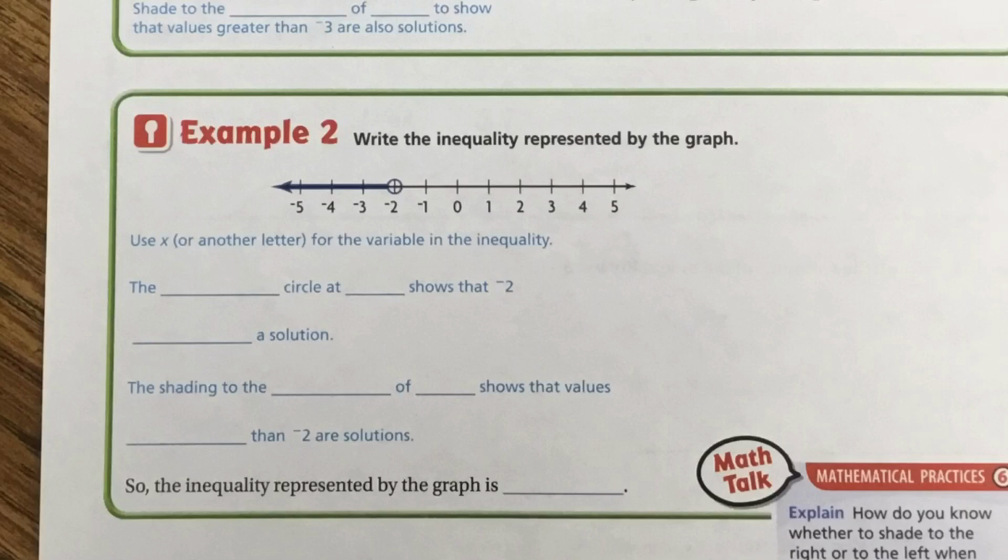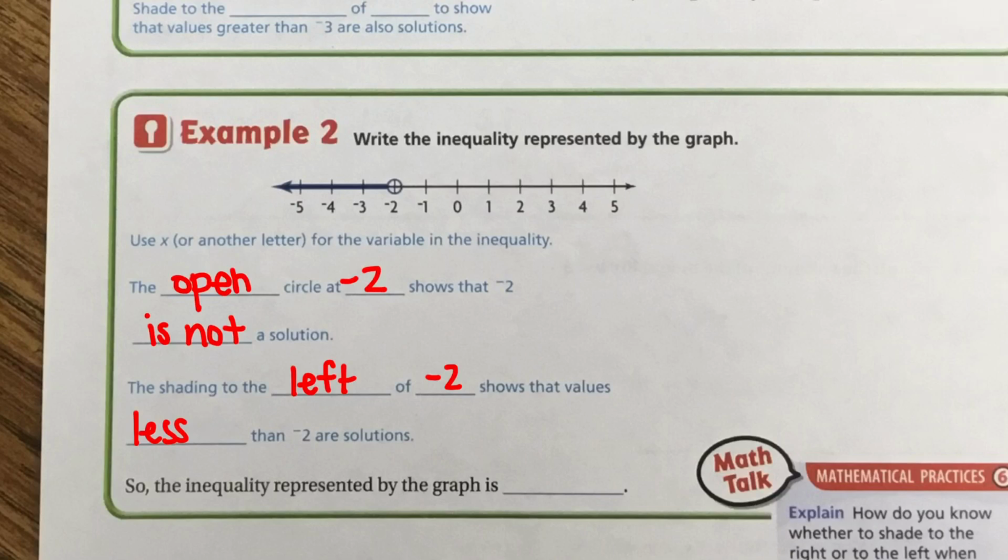So the open circle at -2 shows that -2 is not a solution. It does not include -2. The shading to the left of -2 shows that values less than -2 are solutions.